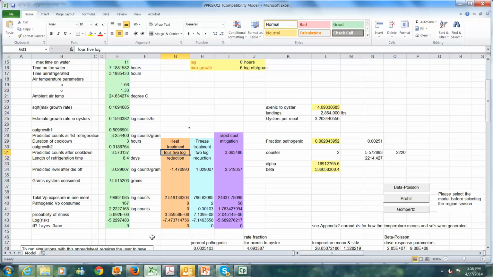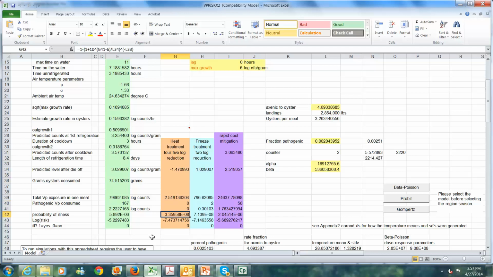But what this model also does is it says, okay, let's take these oysters right here. Now, come on over here and let's suppose that they were subjected to a heat treatment that reduced the bacterial count by 4.5 log. That would reduce the number of bacteria to this amount, and the number of pathogenic Vibrio would become 0.